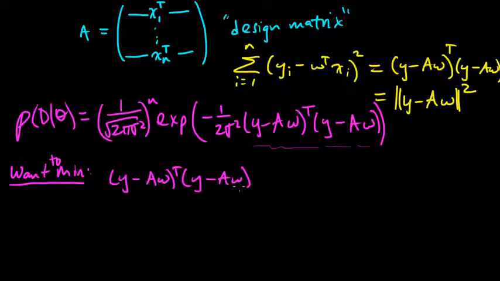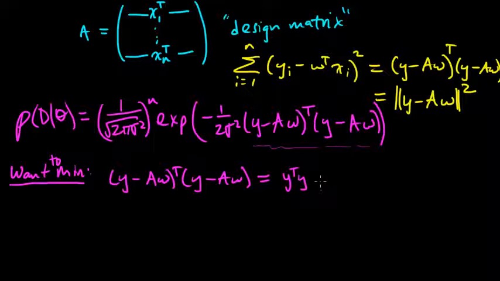Now this is a nice linear algebra expression. This part is going to involve some linear algebra, so if you aren't familiar with it, you may want to brush up a little bit. What we're going to do is the calculus thing: take the gradient, set it equal to 0, and then look at the Hessian. So let's multiply this out.